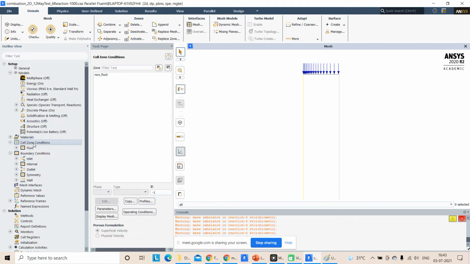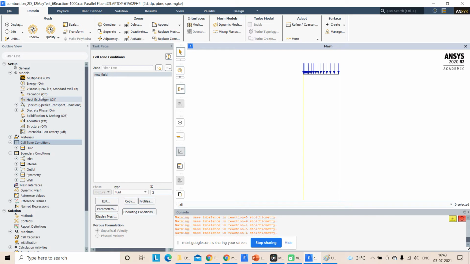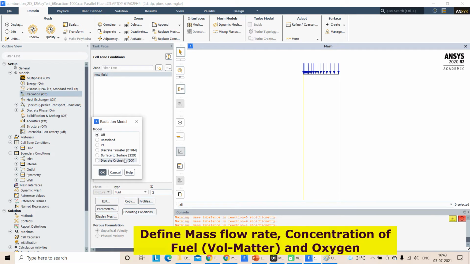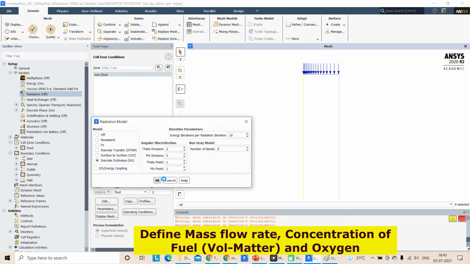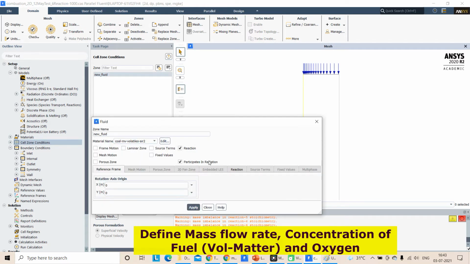Go to the cell zone and make sure that all fluid zones are given a mixture template. It should be enabled for the reaction and enabled for the radiation. Every cell zone should be enabled for reaction and participate in thermal radiation. That should be applied.